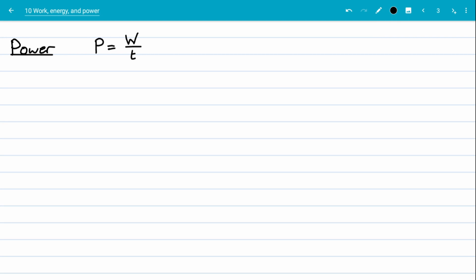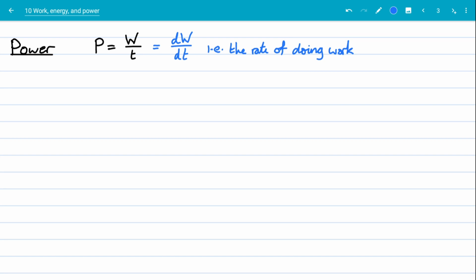So it's better to write it instead as dW divided by dt, i.e. the rate of doing work. Because the power might not be constant.